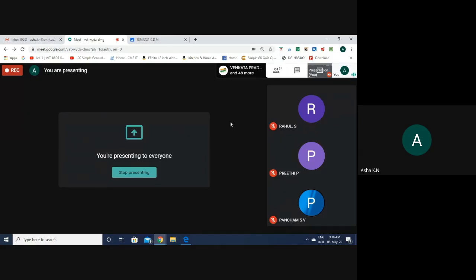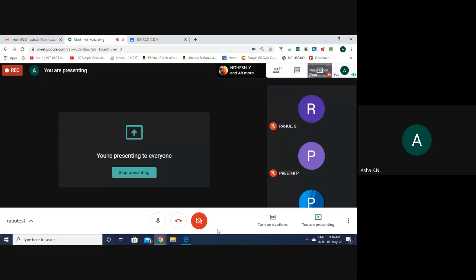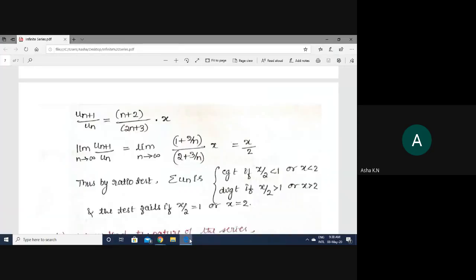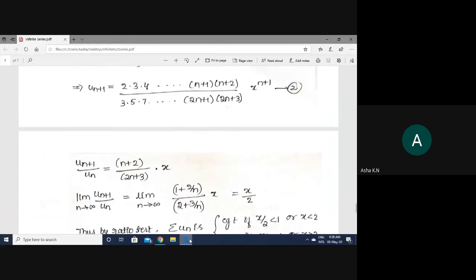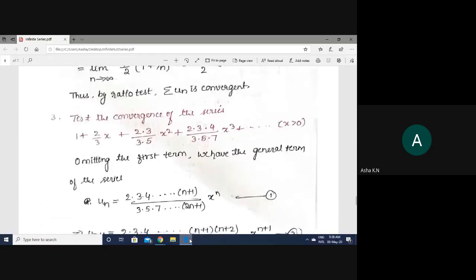A is 3 here, the first term is 3. D is the common difference 2. So 3 plus 2n minus 2, which is 2n plus 1. Okay, so nth term is 2n plus 1.